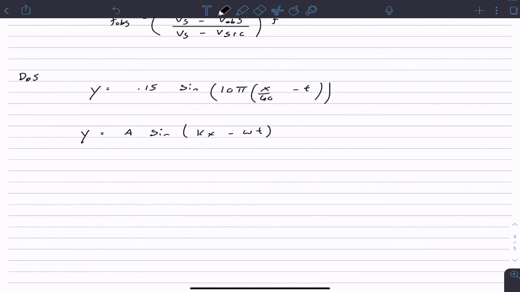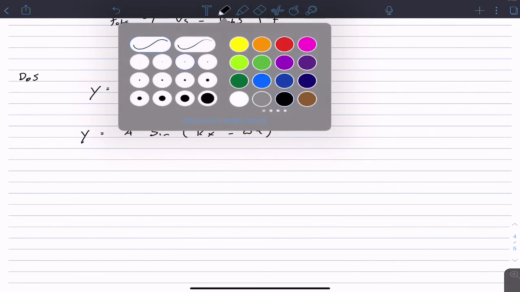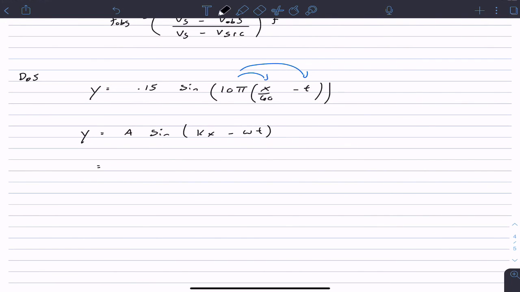So let's multiply this 10 pi through and figure out what omega and k are, because that would actually be really useful. So now 10 pi over 60 times x minus 10 pi t is equal to kx minus omega t.